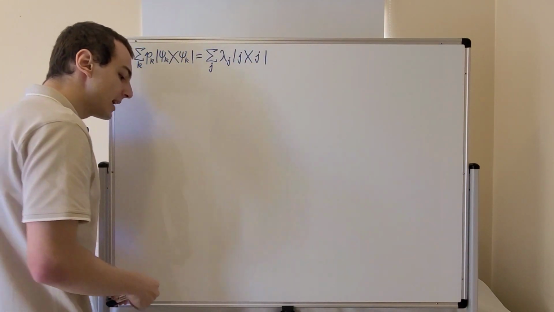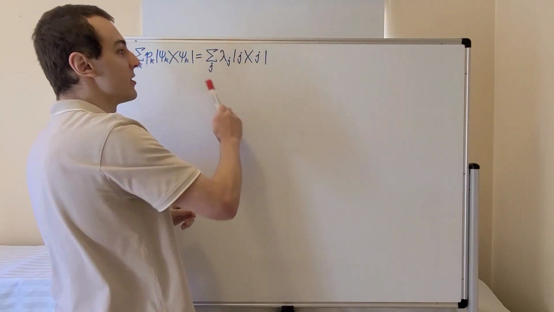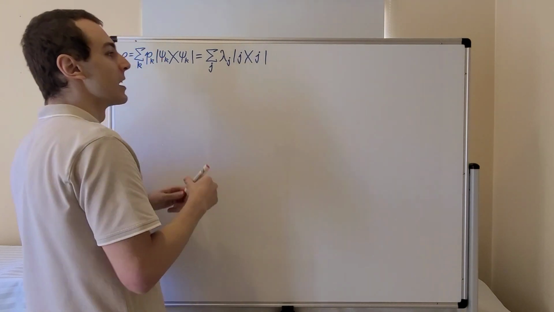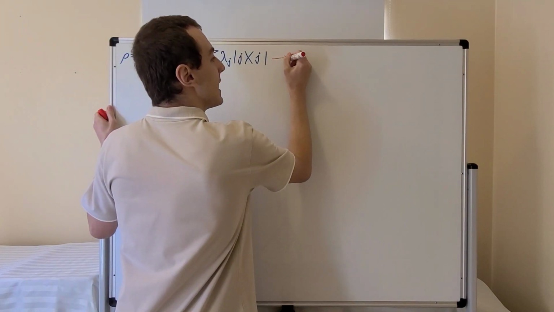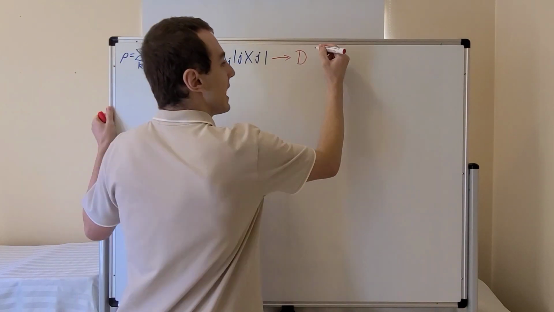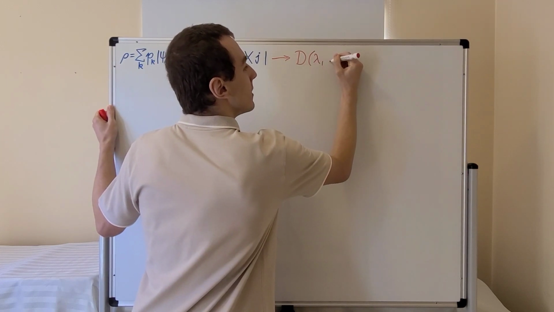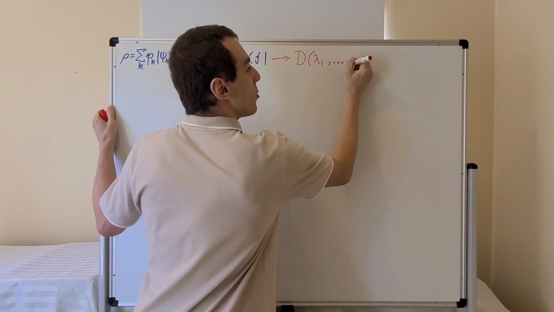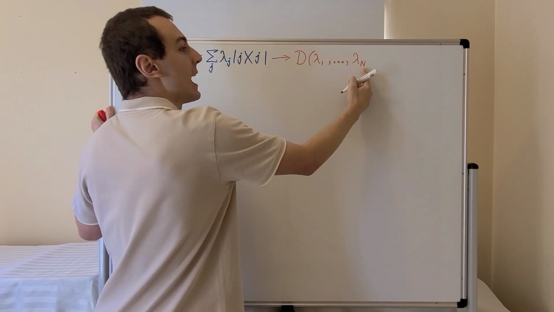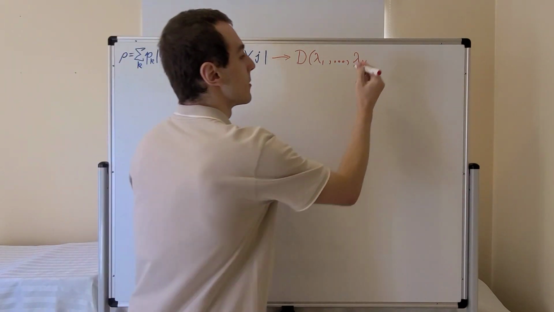Now, what we can do is construct a matrix representation from this. So this over here is actually a matrix representation in disguise. We can write this as a diagonal matrix. So we'll put capital D for diagonal. And the entries of this diagonal matrix are lambda 1, all the way up to lambda sub capital N. And this capital N is the dimension of the Hilbert space that we're dealing with.